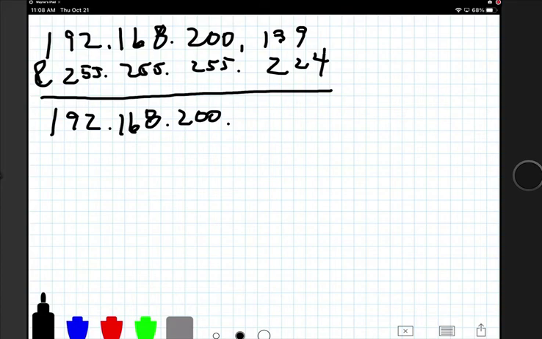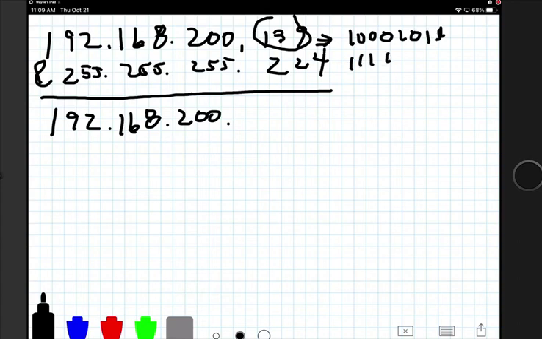Now, what we really do need to do is take the 139, because this transition in the subnet mask happens in the last octet, and 139 is 10001011, and as we pointed out before, 224 is 11100000.